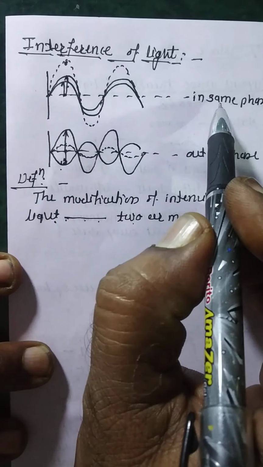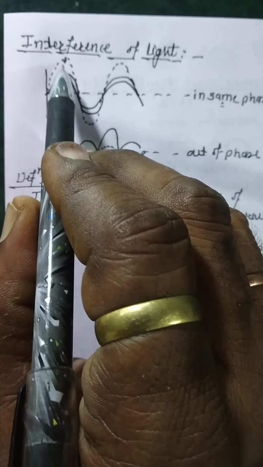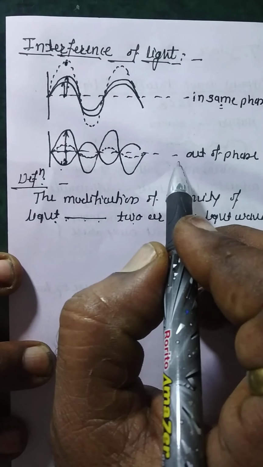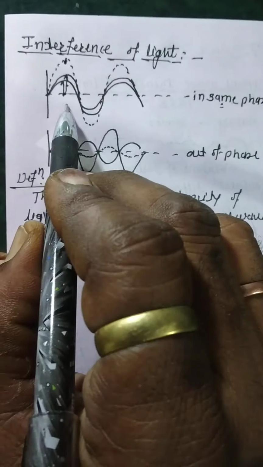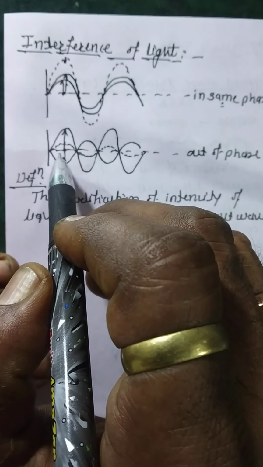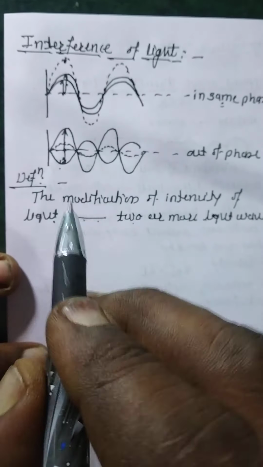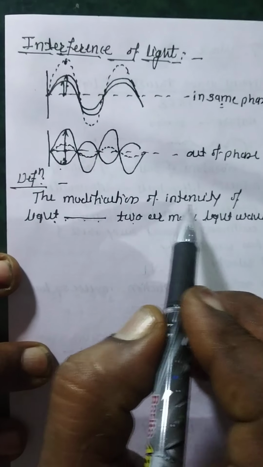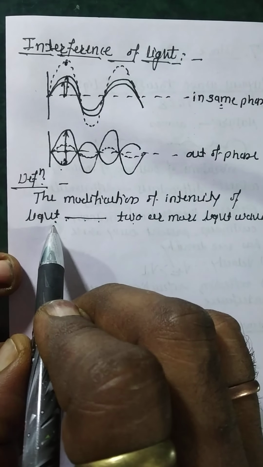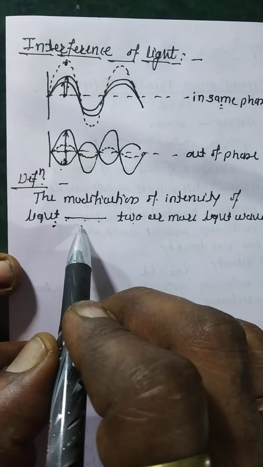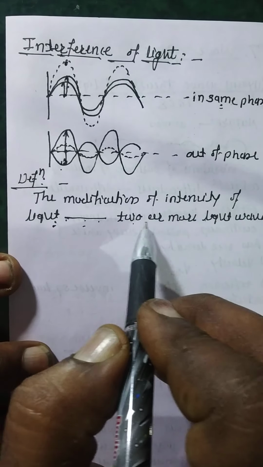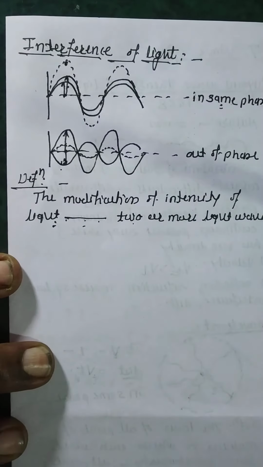If light waves are in phase, then resultant intensity increases. If light waves are out of phase, then resultant intensity decreases. This modification of intensity of light produced due to superposition of two or more light waves is called as interference of light.